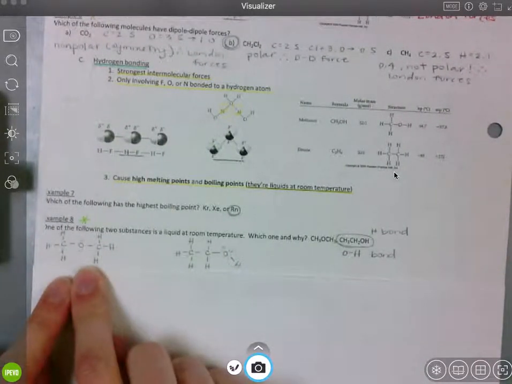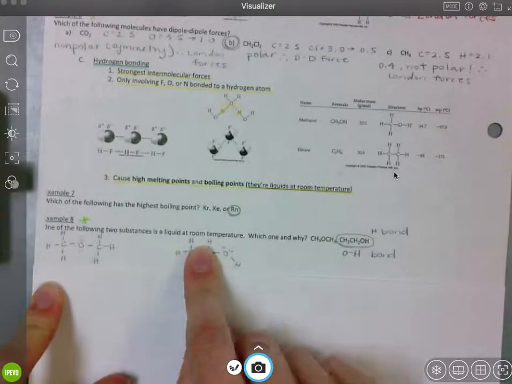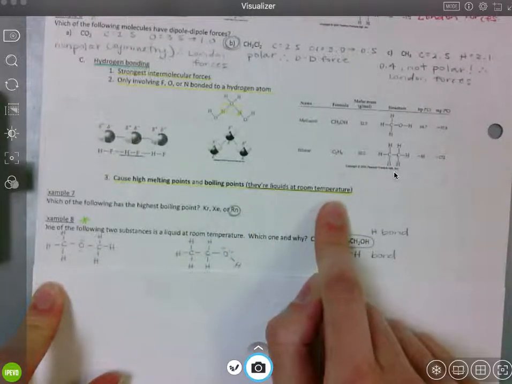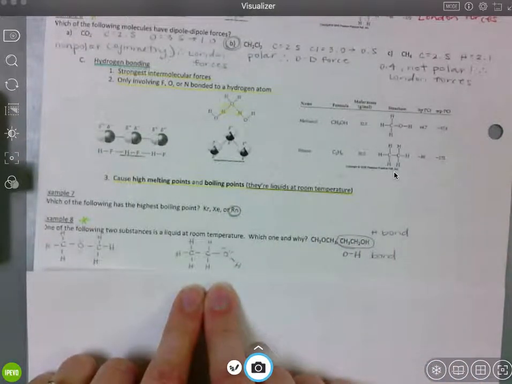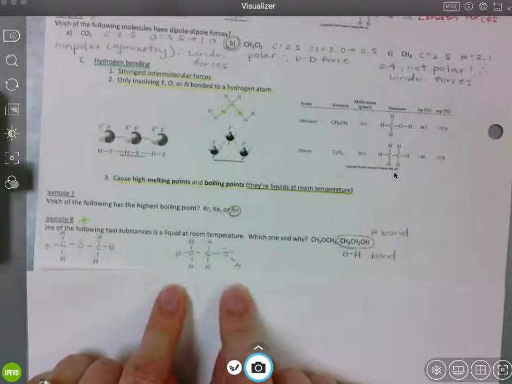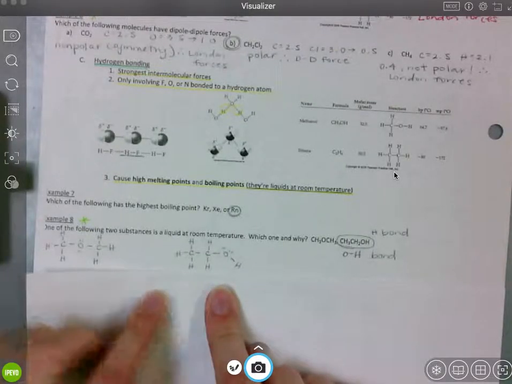Notice how we don't have any hydrogens on this oxygen, so we don't have hydrogen bonding there, which means it's not going to be a liquid at room temperature. Here, in CH3CH2OH, we do have a hydrogen on that oxygen, so we do have hydrogen bonding there, and that's going to be a liquid at room temperature because of the hydrogen bonds.